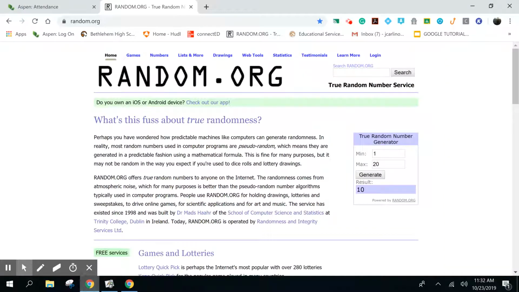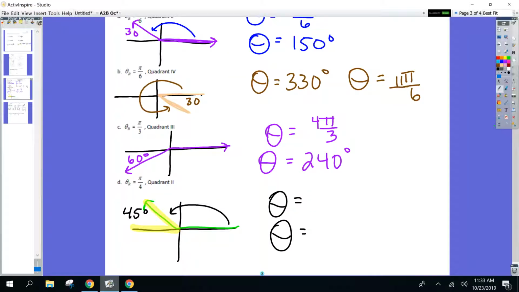In degrees, did you find the angle in quadrant 2 yet? Olivia, did you find that angle? In degrees only. 135. Got it. Perfect. Nice job.